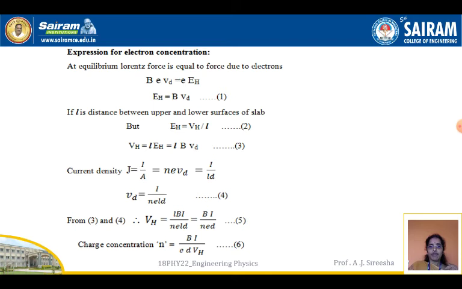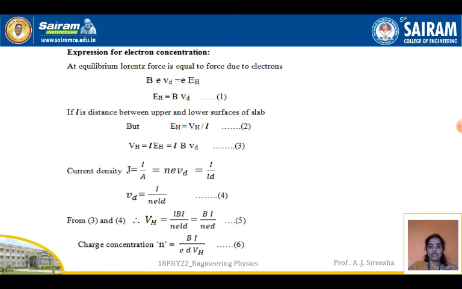So from 3 and 4, substitute the value of equation 4 into equation 3. Therefore we are getting VH is equal to LBI by NELD. Doing all the simplification, L and L cancel, and we get VH equal to BI by NED, which is equation 5.